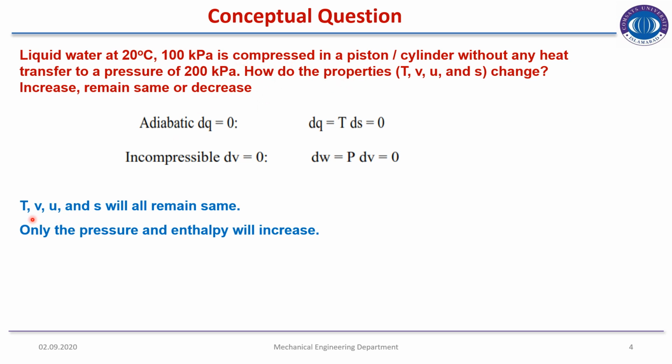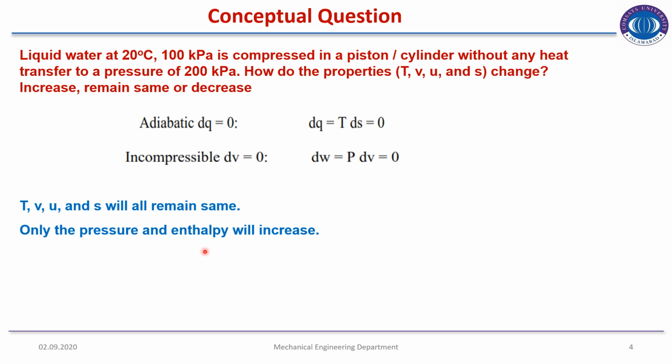So here we have temperature, specific volume, internal energy and S will all remain same. So for incompressible substance, the temperature, specific volume, internal energy and S will remain same.